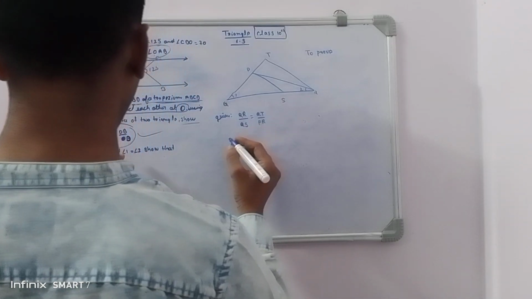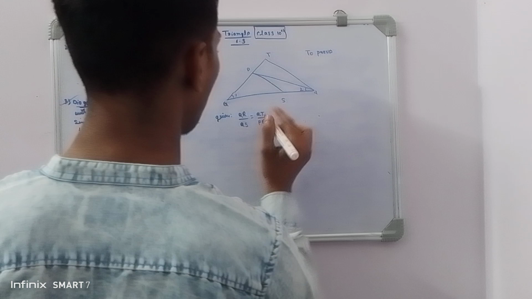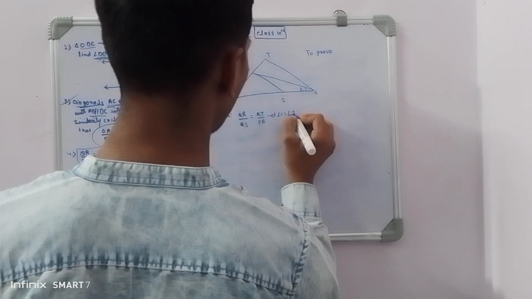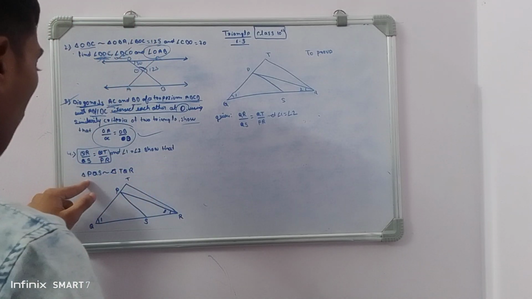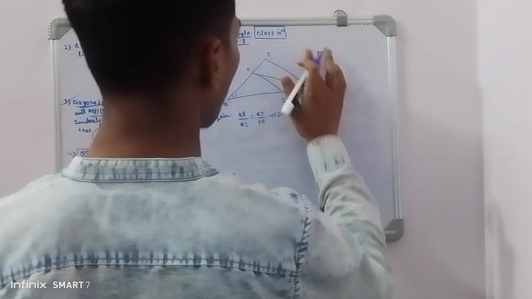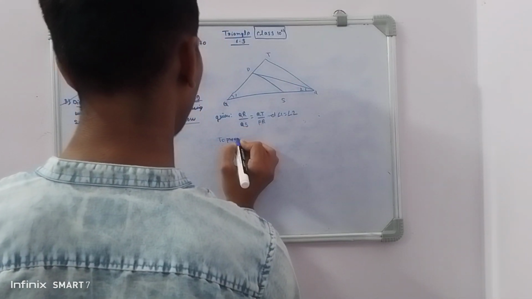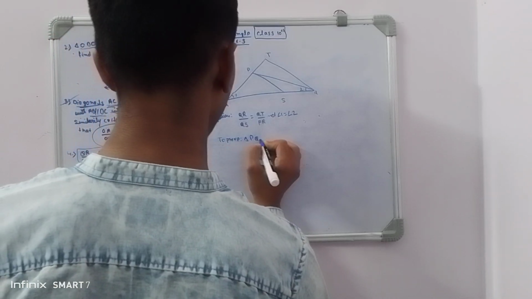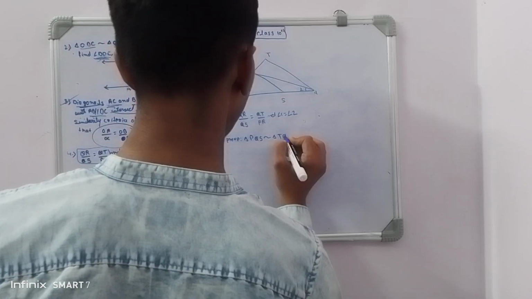We have also been given that angle 1 is equal to angle 2. We have to prove here that triangle PQS is similar to triangle TQR.